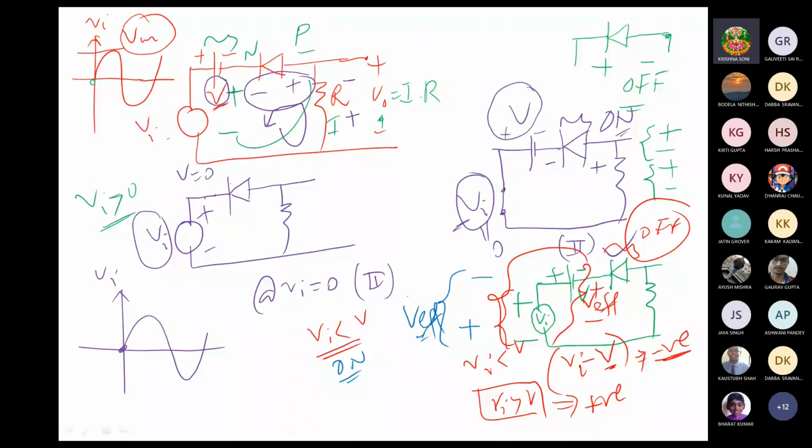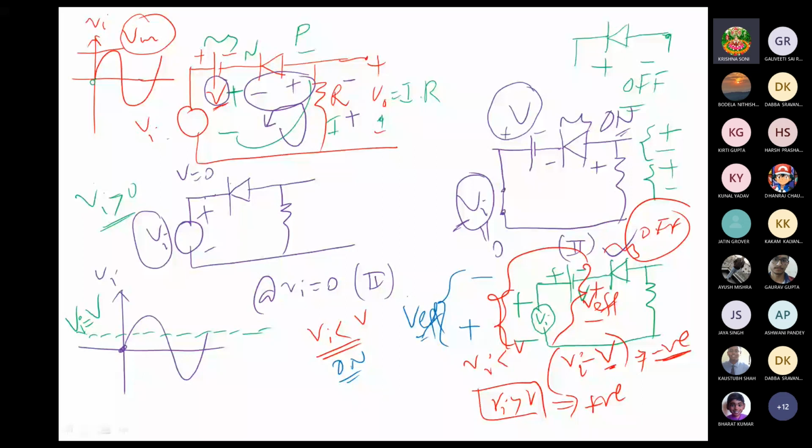So we can now take Vi greater than B. We can take a voltage level here which is equal to Vi equals B, for comparison of what happens below this and what happens above this.